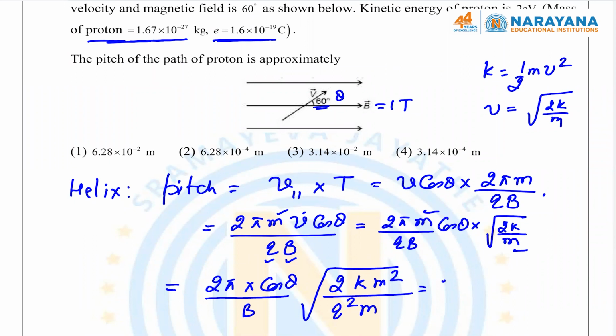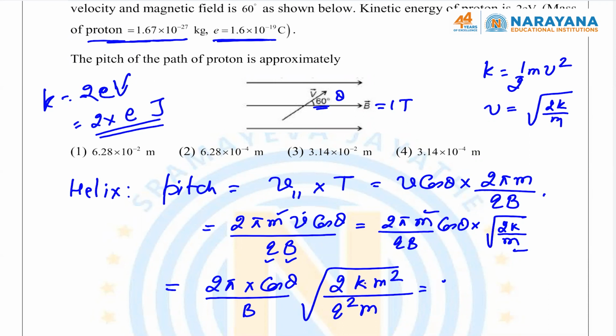So now kinetic energy is given as 2 electron volt. So when I have to write 2 electron volt into joules, I have to multiply with the electronic charge. So it is 2 electron volt, that is 2 into the charge of electron, then it will be in the joule value.